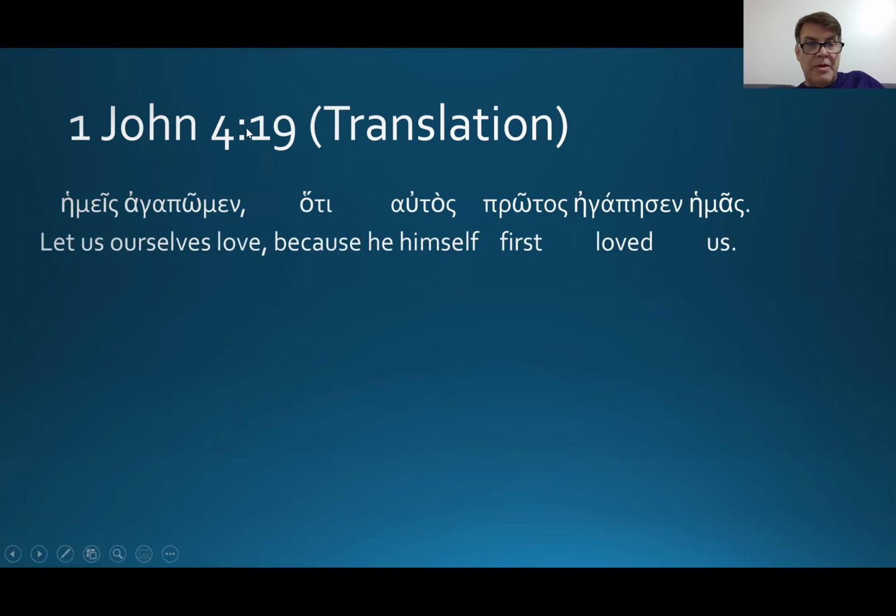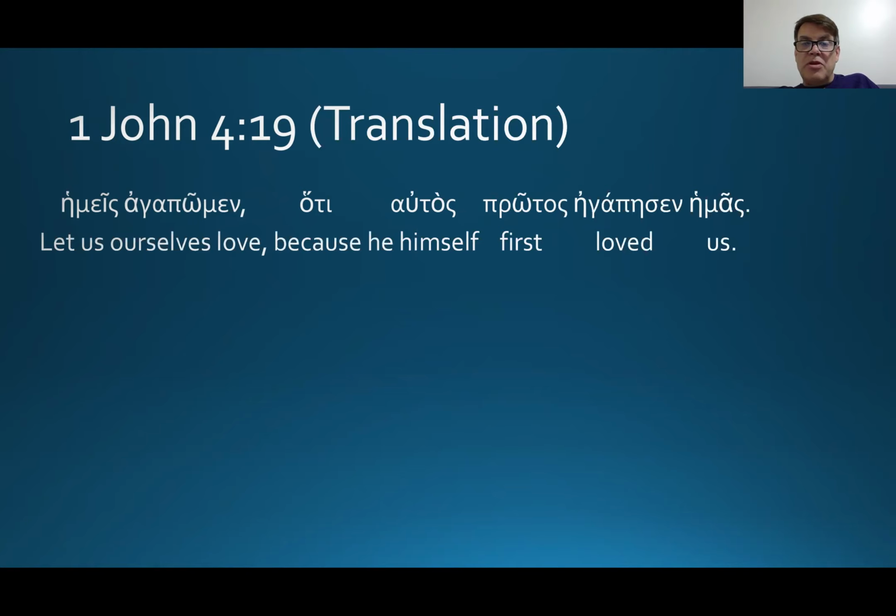Here's the breakdown. Let us love, let us ourselves. So agapomen, I think, is probably what's called a hortatory subjunctive. That's a first person plural subjunctive. Now, men is a first person plural, we, but technically there's been a crash here. Step back, there's a police line, circumflex. There's a crash between the alpha of agapao and some sort of connecting vowel.